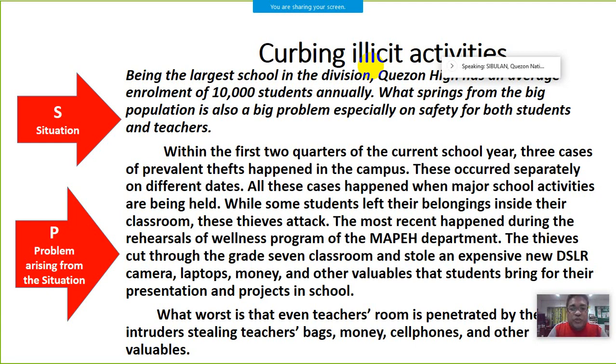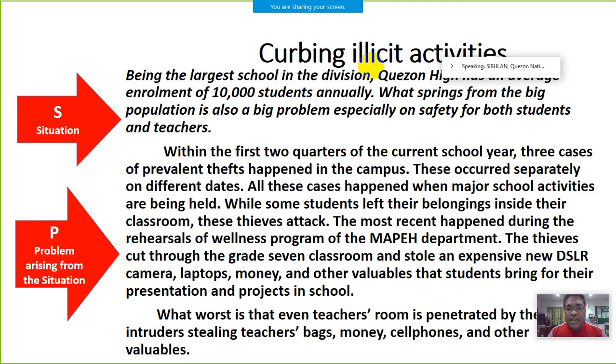In here it goes: Within the first 2 quarters of the current school year, 3 cases of robbery happened in the campus. This occurred separately on different dates. All these cases happened when major school activities are being held. While some students left their belongings inside their classroom, these thieves attacked. The most recent happened during the rehearsals of the wellness program of the MAPEH department.